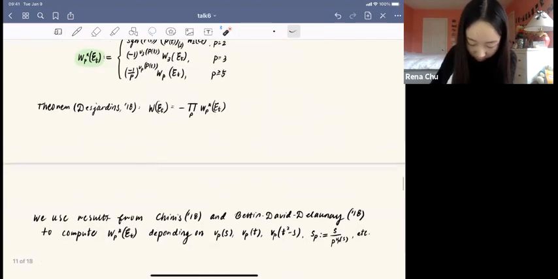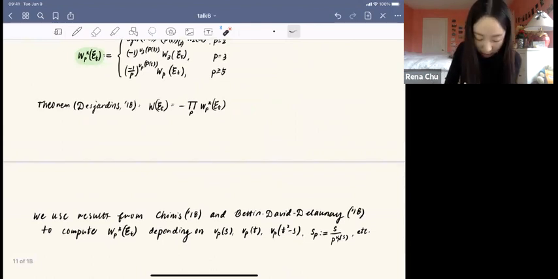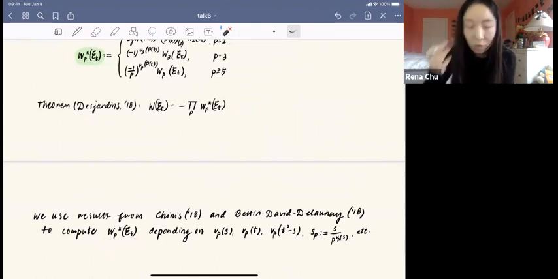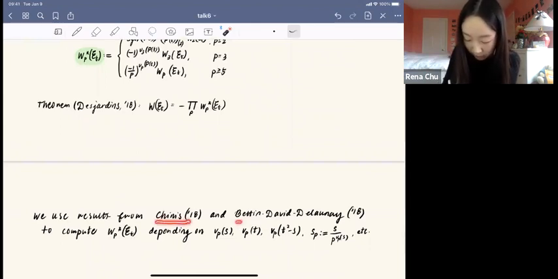And here I just make a note that we can compute the modified local root number from results from Connell and then Delaunay, and the modified local root number essentially depends on the evaluation at p of s of the various t's of p of t and so on.